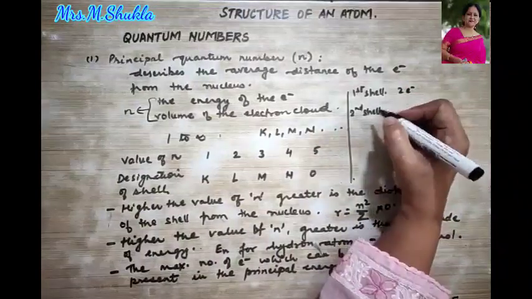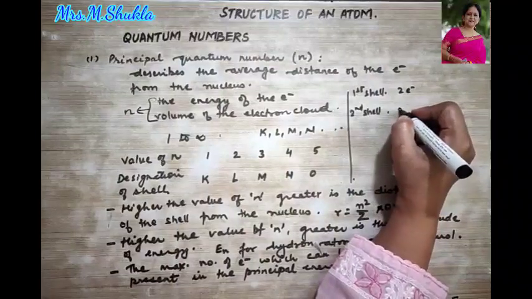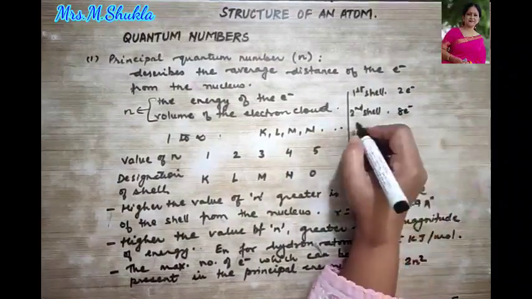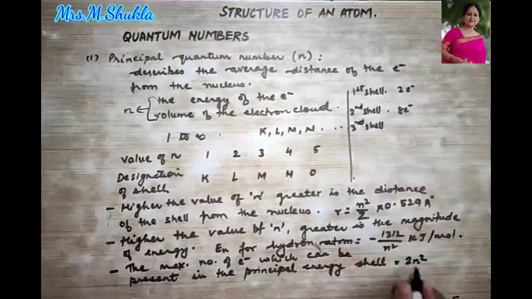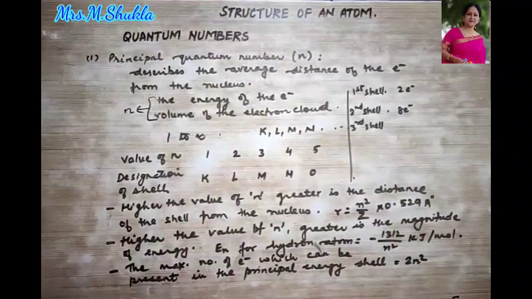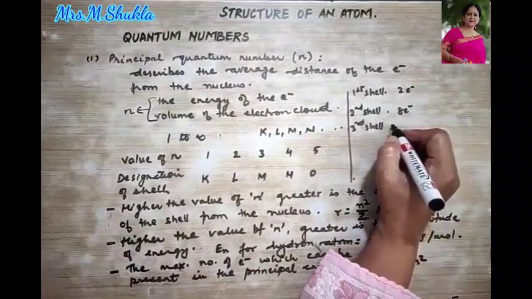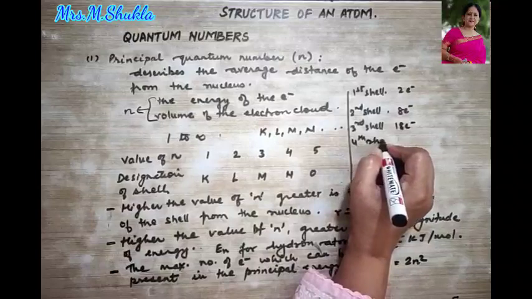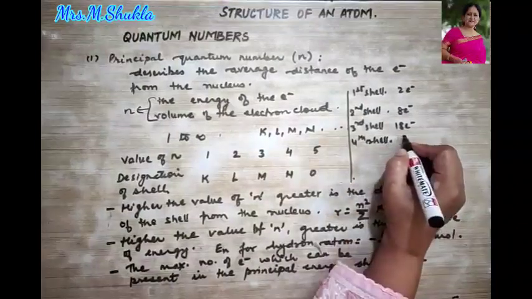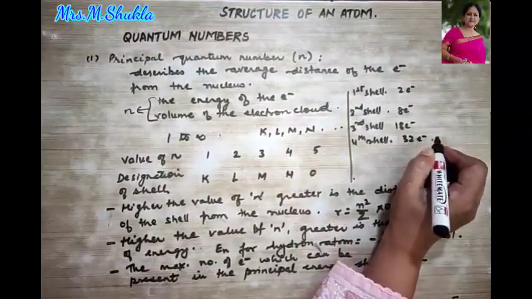Then the second shell will have 8 electrons. Then the third shell is going to have 2 into 3 into 3, that is 18 electrons, and so on. The fourth shell is going to have 32 electrons, right?